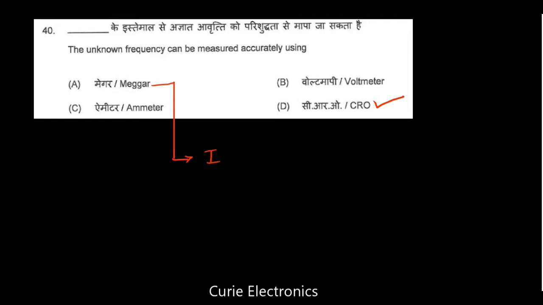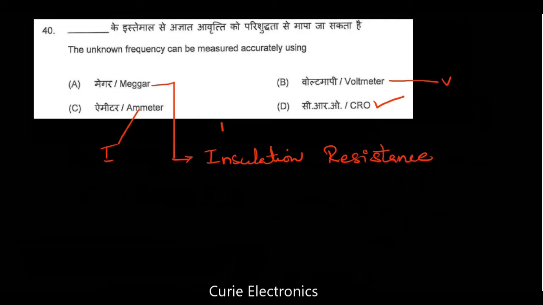Megger is to measure insulation resistance, ammeter for current, and voltmeter, you know, is for voltage.